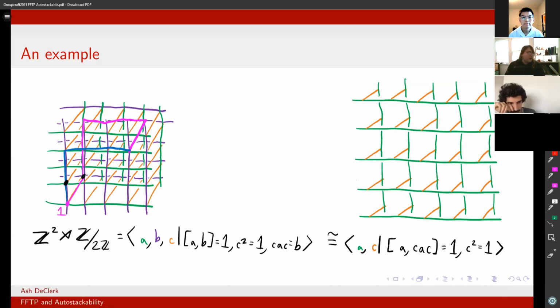And likewise, if we go 3 steps along and 1, 2, 3 steps along, also distance 2. So with this generating set, we've got falsification by fellow traveler property.